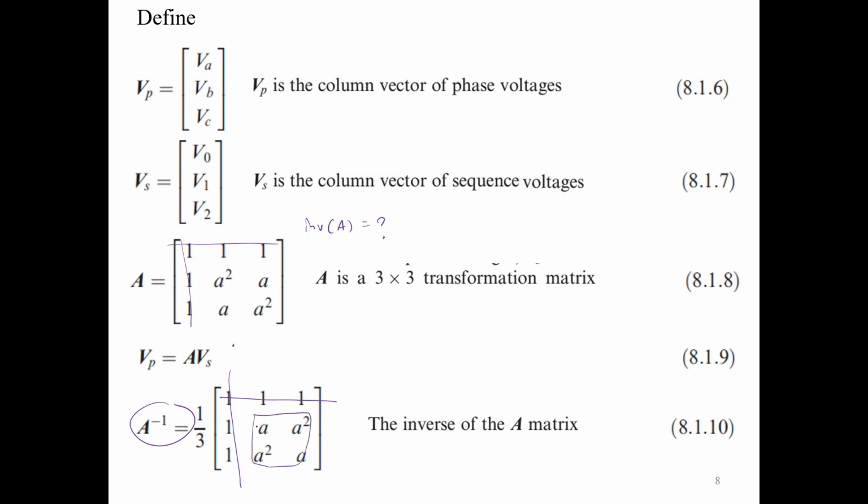The change is just a swap of these two lines: this a square and a become on the third row, and a square turns to be in the second row. So the inverse is like this. So remember, if you want to find the sequence component, you have to deal with the inverse, and the inverse of the matrix will be multiplied by 1/3. Okay, this is the inverse.